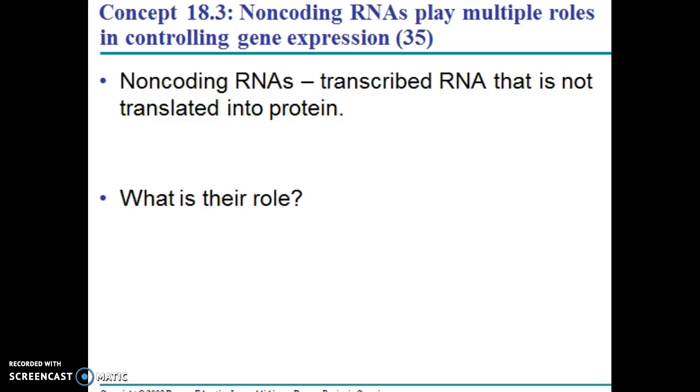We're moving into concept 18.3 now, looking at non-coding RNAs and the roles that they have in gene expression. And these are tied to question number 35. So non-coding RNAs: it's transcribed RNA that is not translated into a protein. What is their role? We're still learning about the biological roles of RNA.